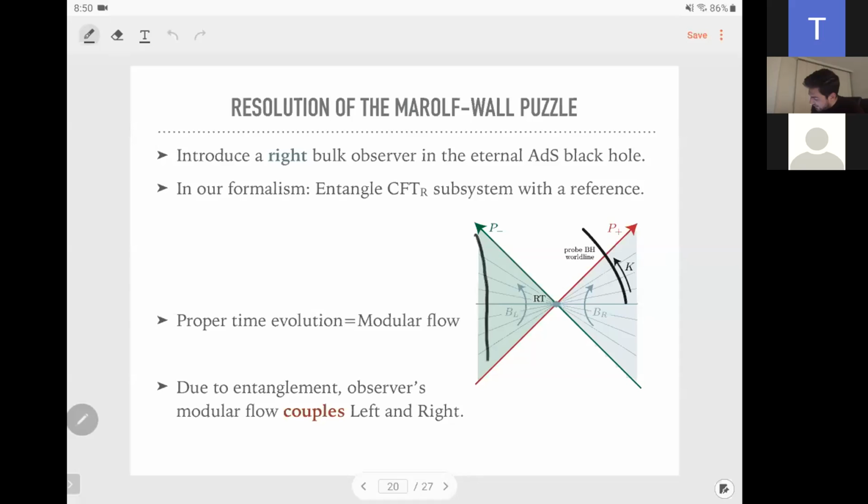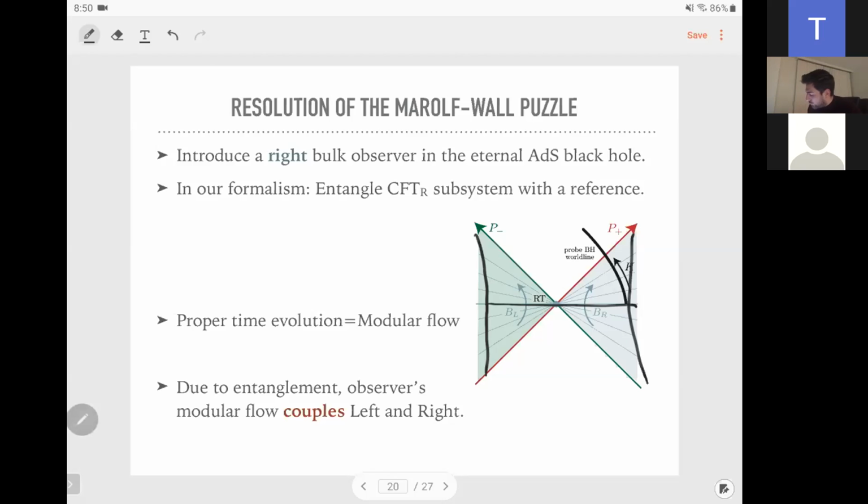So again, we start with this two-sided CFT setup, decoupled CFTs in this thermally entangled state, the thermofield double. And now we want to introduce an observer on the right. But now let's use the framework that I advocated for.